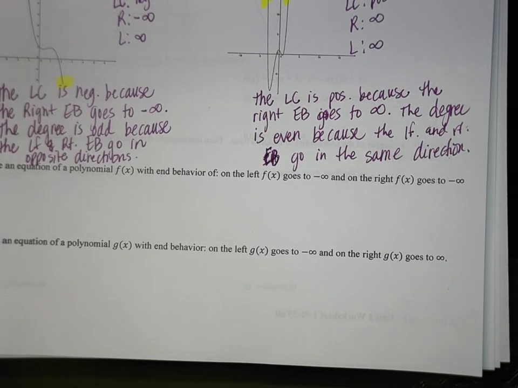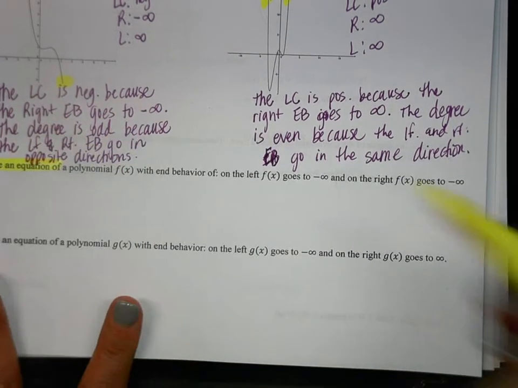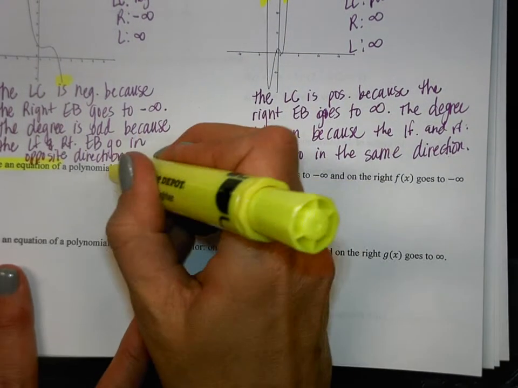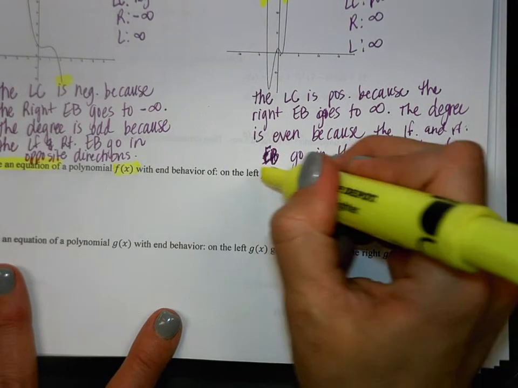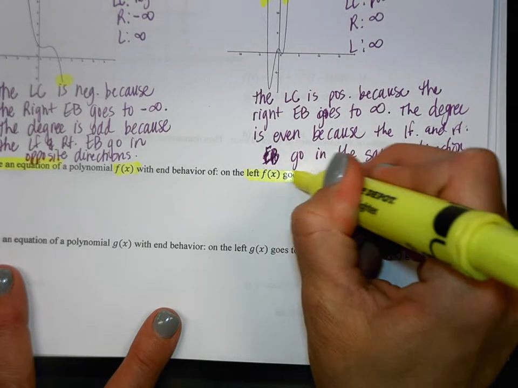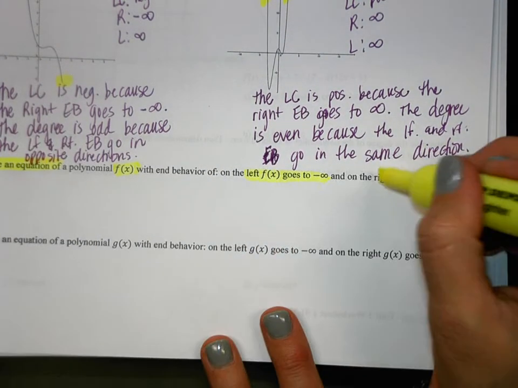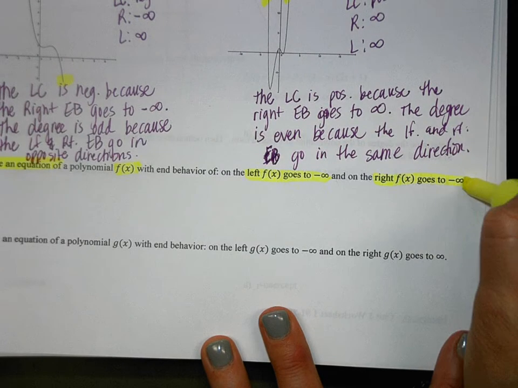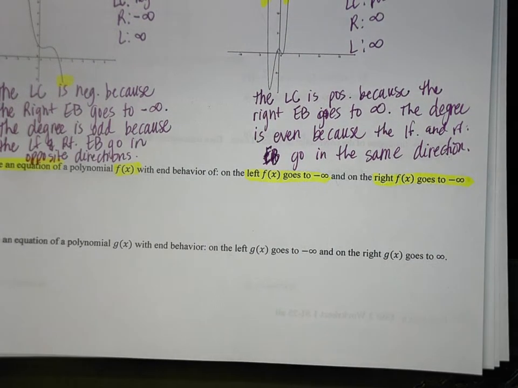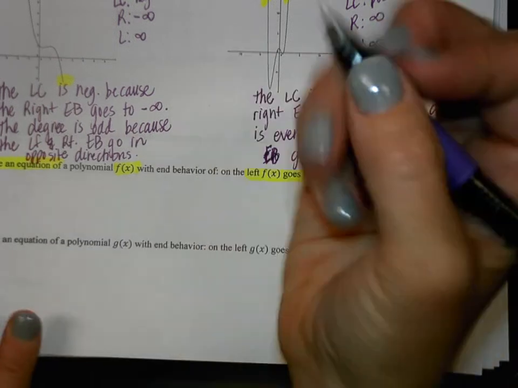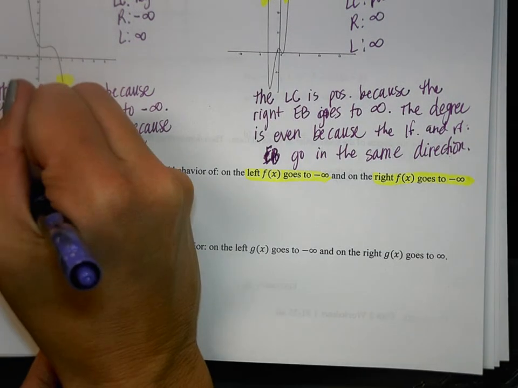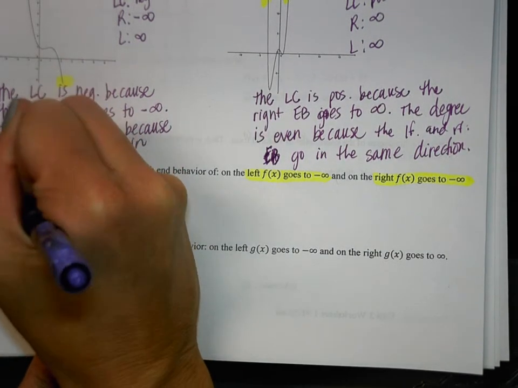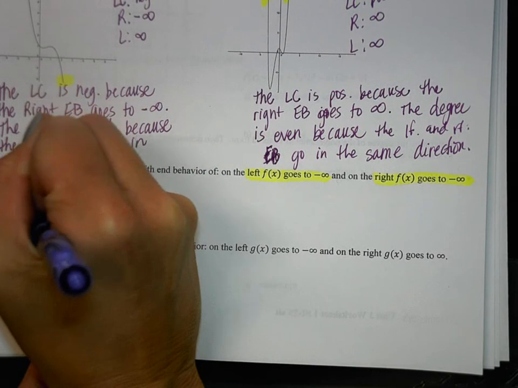Next it says, give an equation of a polynomial f of x with end behavior on the left going to negative infinity, and on the right it goes to negative infinity. Okay, so I'm going to go ahead and write this all down again. We have our degree, our leading coefficient, our right end behavior and our left end behavior.